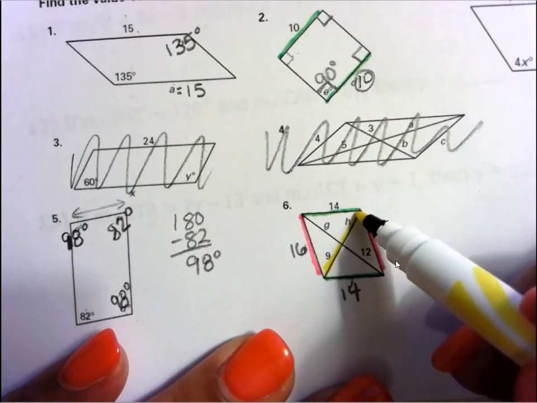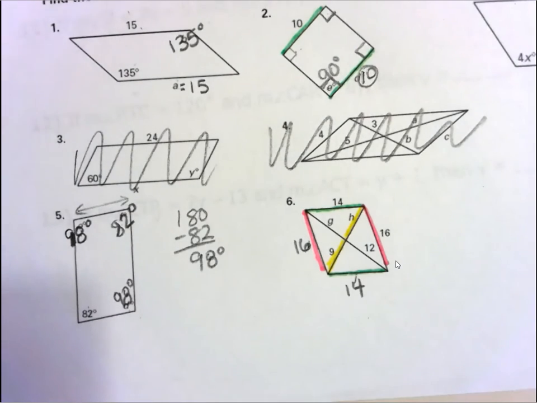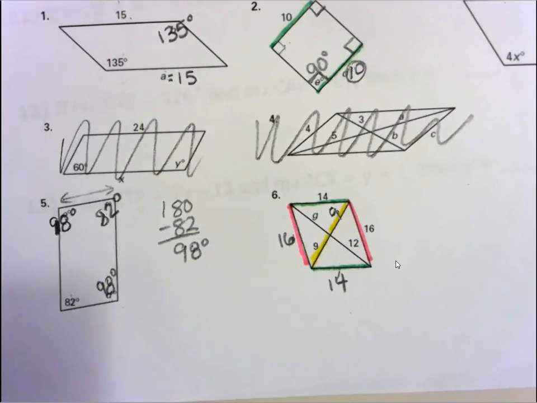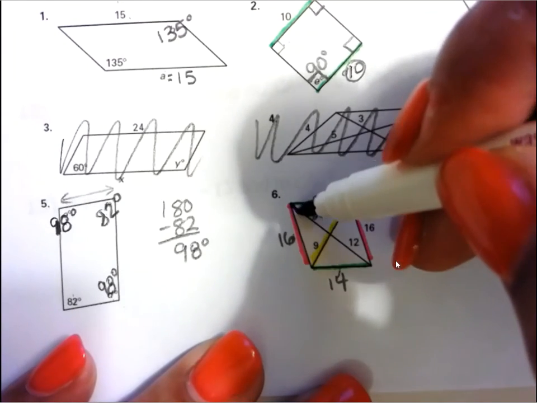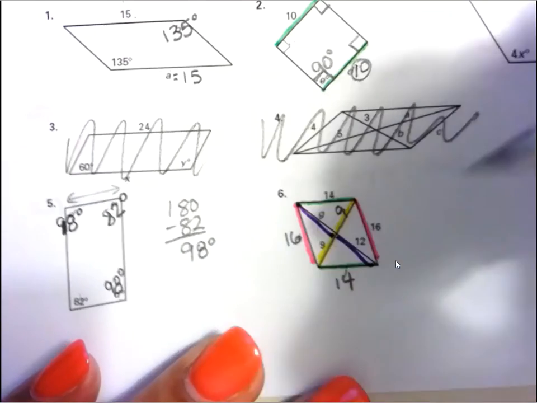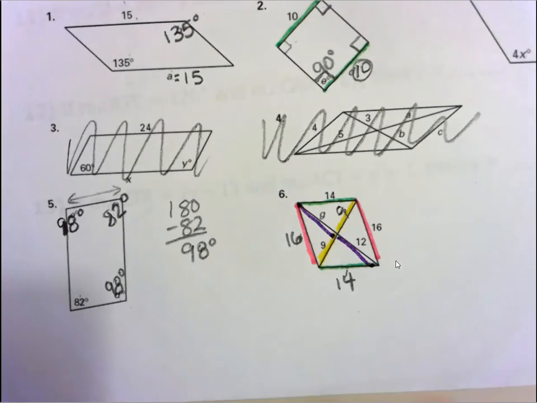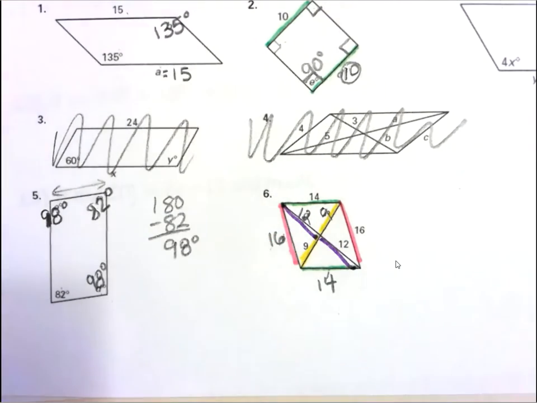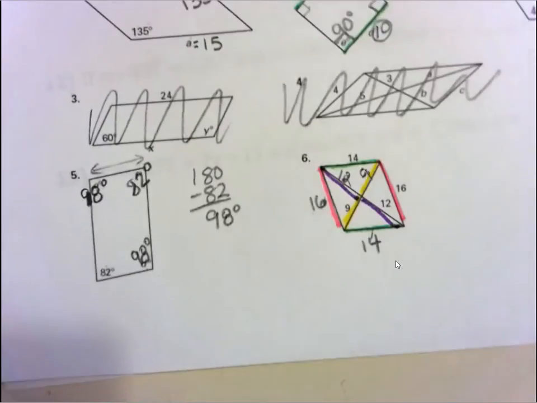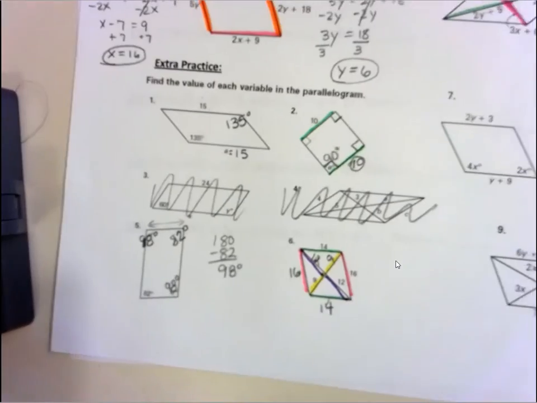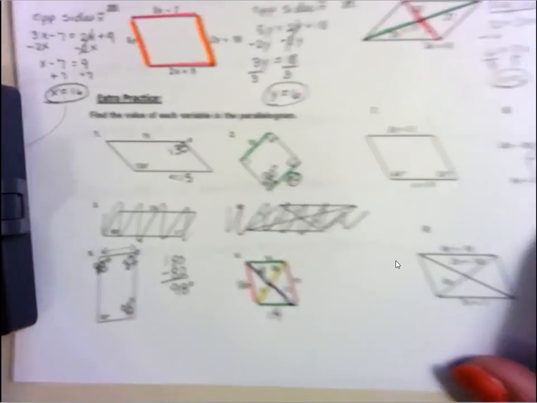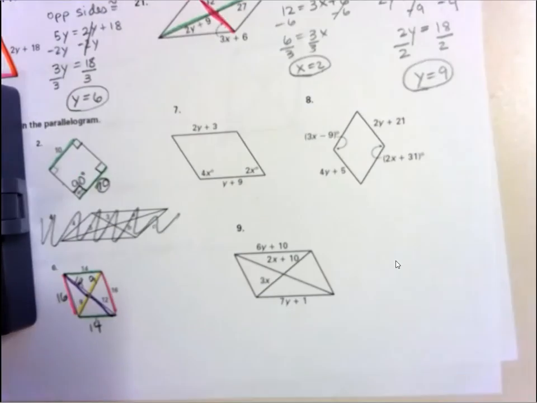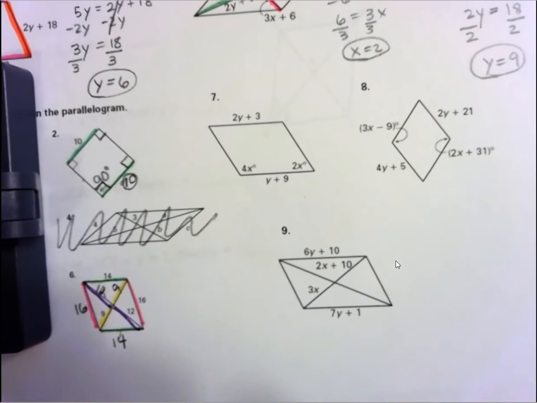This one is 9, so then this one is also 9. And let's see how purple comes out. This one and this one are congruent. So if this one is 12, then this one is also 12. Sorry about the camera. I'm just trying to make sure that it shows up big enough on your phone.